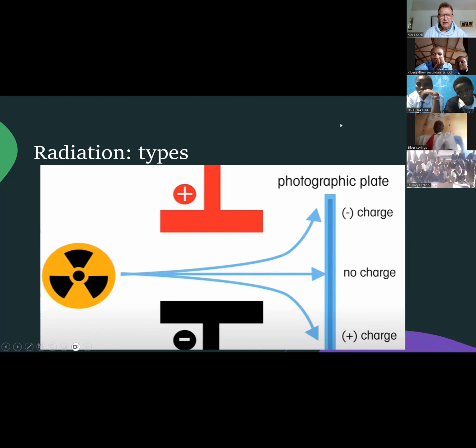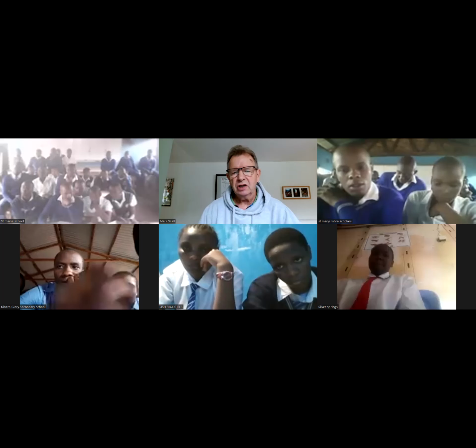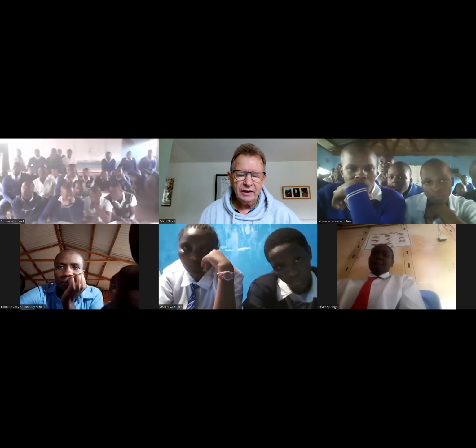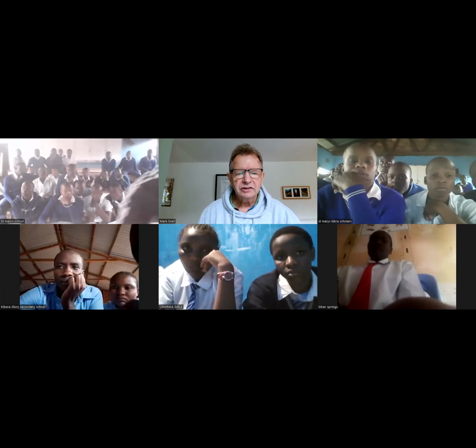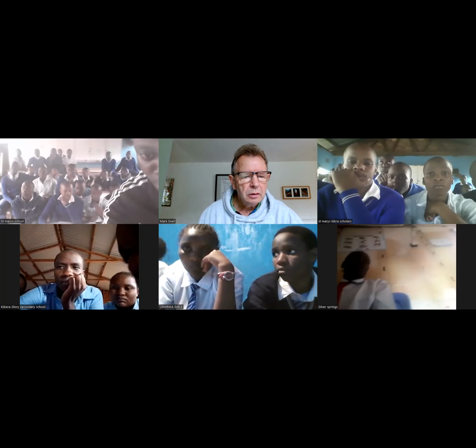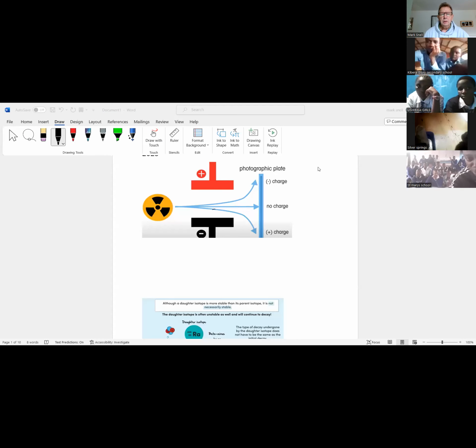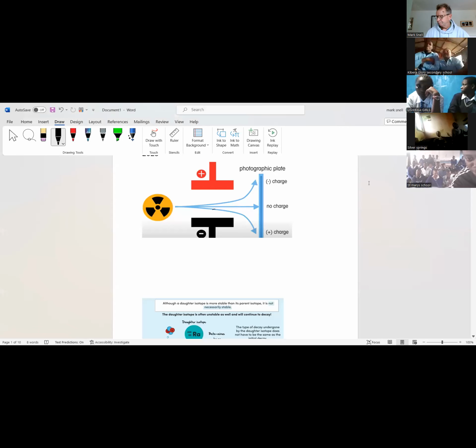Now, actually, this diagram is not very good. This is a diagram which comes from a KCSE textbook, but I'm going to change it a little bit. So I'm going to show you a different way of drawing it. I'm going to make this just a little bit bigger.